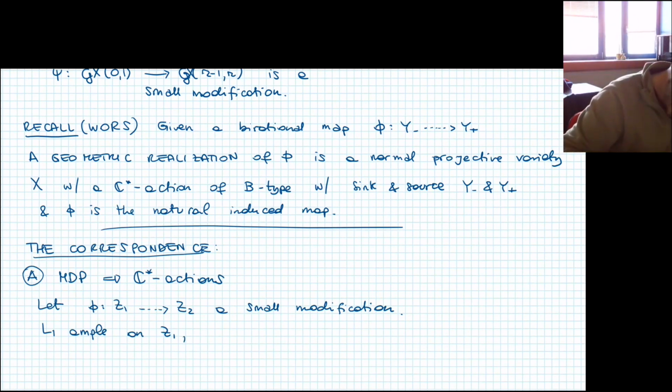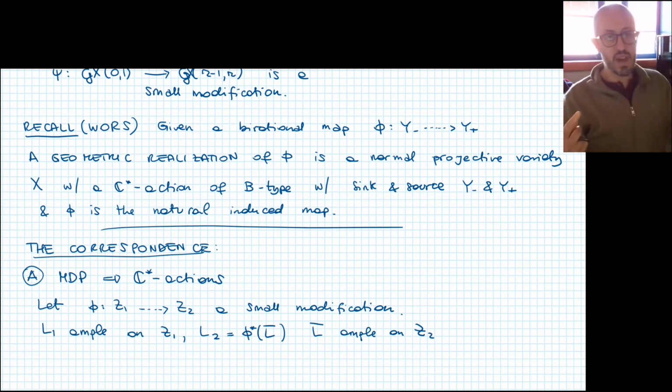So we say that L2 is equal to phi upper star of L bar, with L bar ample on Z2. So we have two divisors on Z1. One is ample and one is not ample anymore because it's inside the ample cone of a small modification, so it's outside.